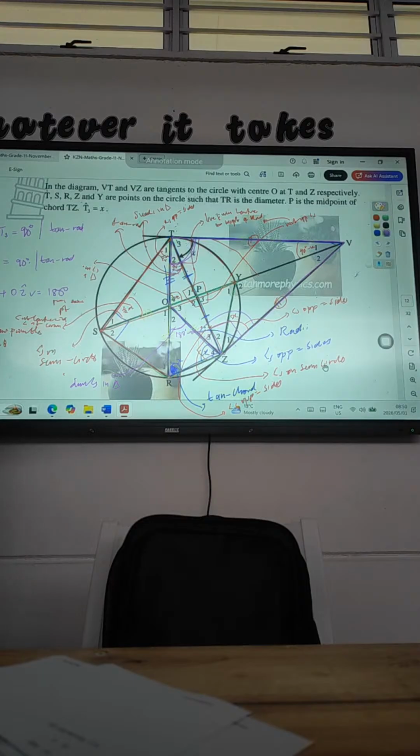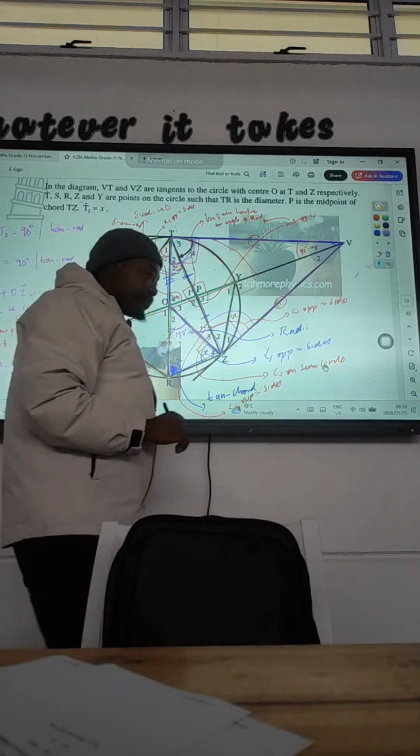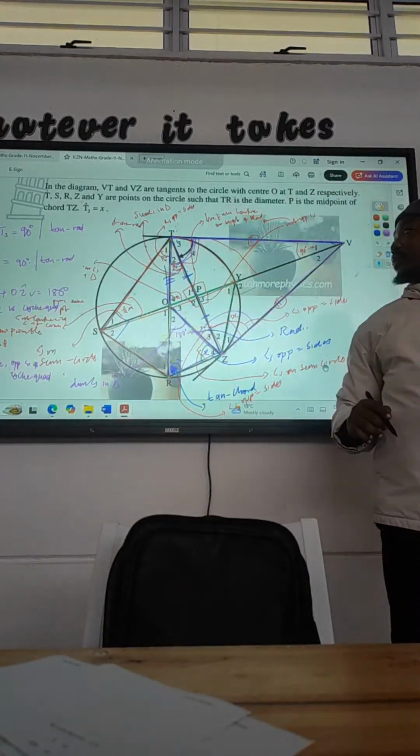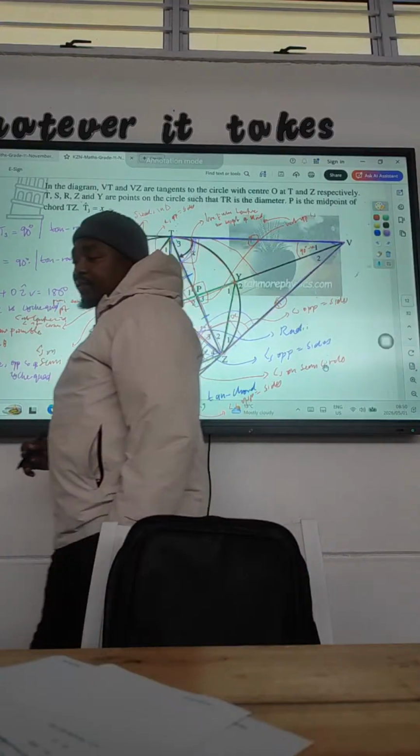And therefore, we can conclude to say VTOZ is a cyclic quad. What would be our reason? The converse of opposite angles of a cyclic quad. And then we get our answer there.